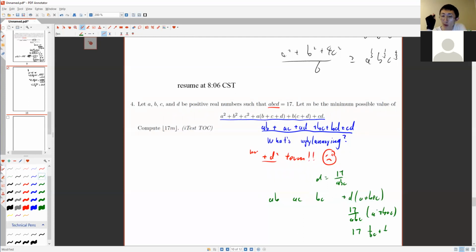So, we like the fact that it's homogeneous. I want everything to be degree 2 if possible. If I use this substitution, it's no longer homogeneous, and that's not as good. So that's a good thought, but we want to keep it homogeneous. So maybe that's not the best idea if what we're trying to do is apply AM-GM in some way.